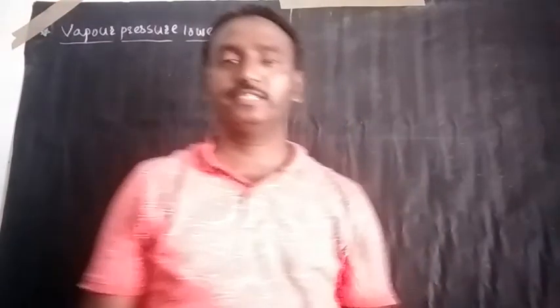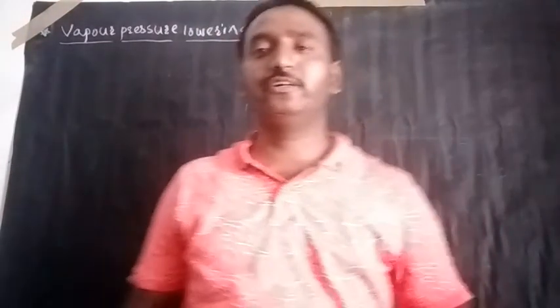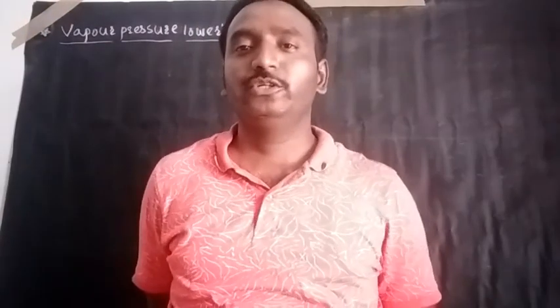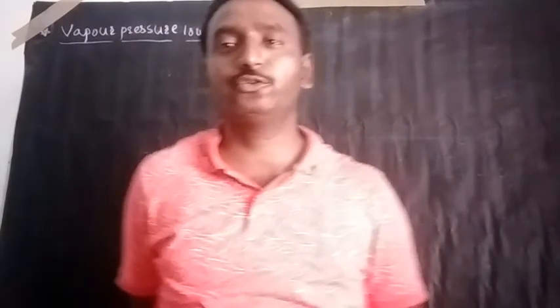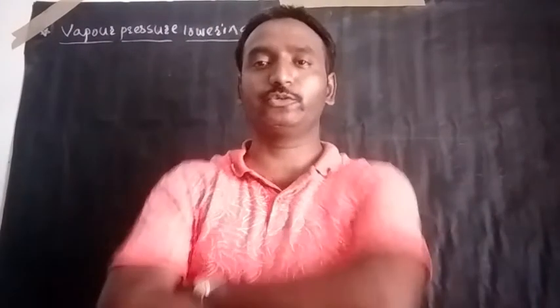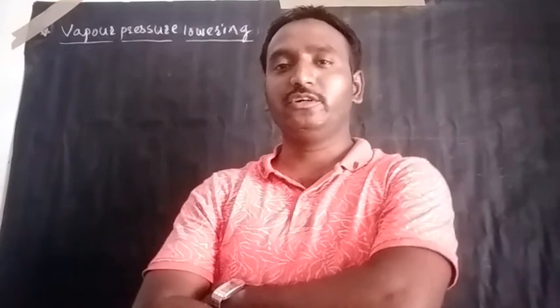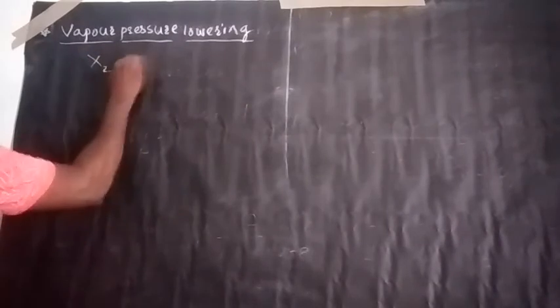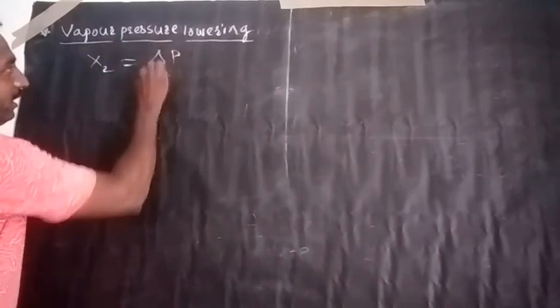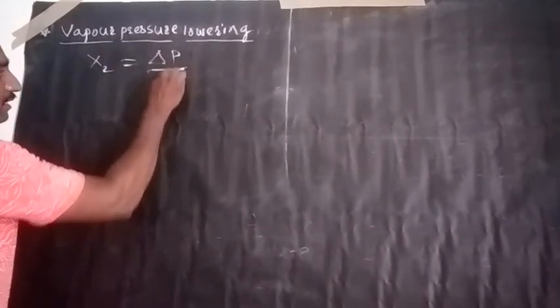Hello students. In the last lecture we went through the lowering of vapor pressure and Raoult's law for solution containing non-volatile solute, where we saw one derivation, that is x2 is equal to delta P upon P01.